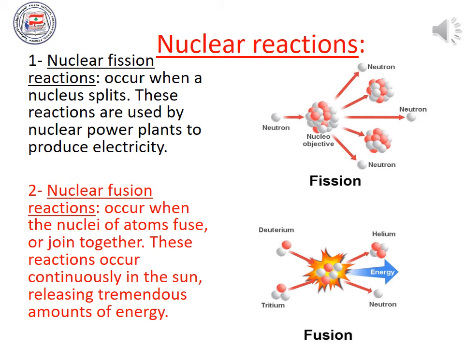So these are the two kinds of nuclear reactions in which nuclear energy is released: nuclear fission, which is used to produce electricity when a nucleus splits, and nuclear fusion, when two or more nuclei meet, and it is the kind of reaction that occurs on the sun.